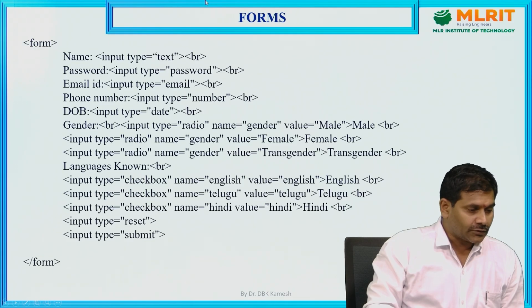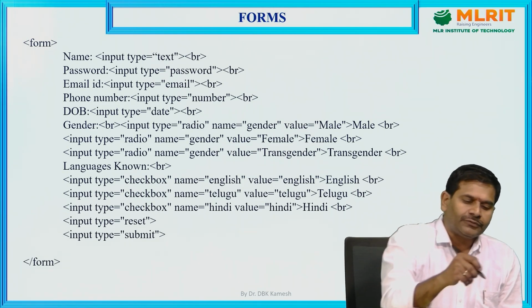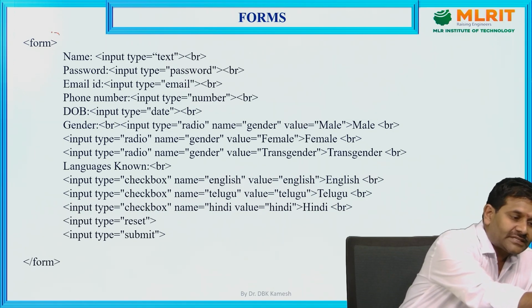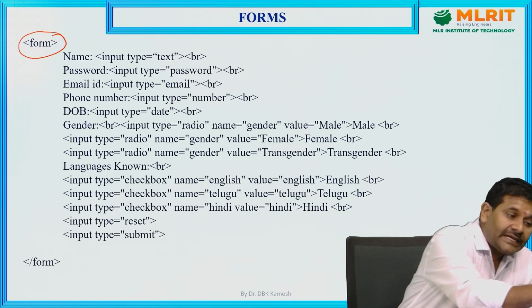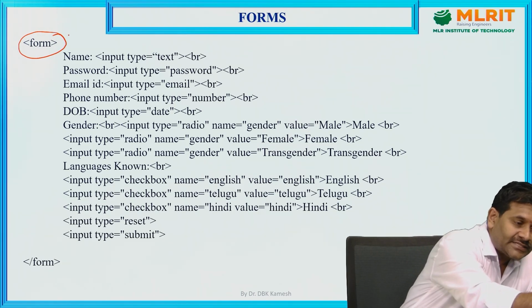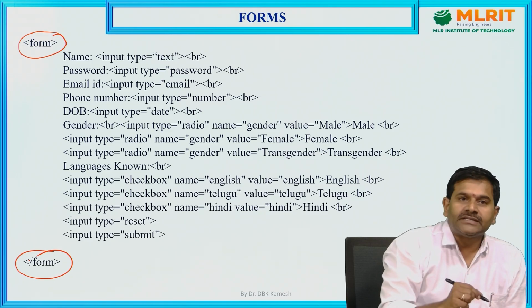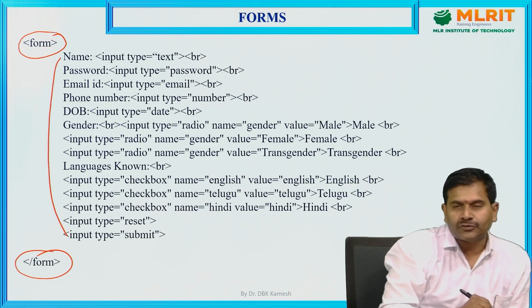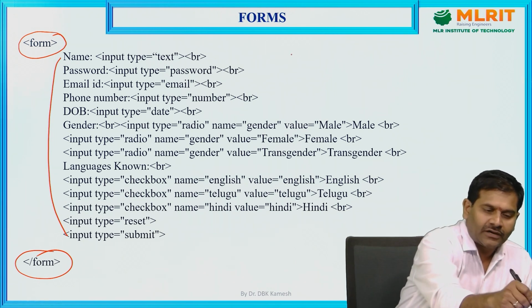Next, how you can write all of this in a simple example. First you use the form tag. This is the starting form tag and this is the ending form tag. Inside it, in between, you write your content.